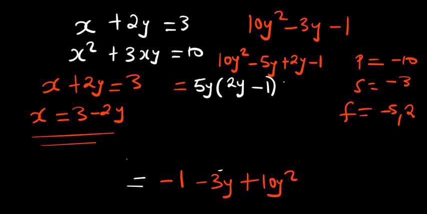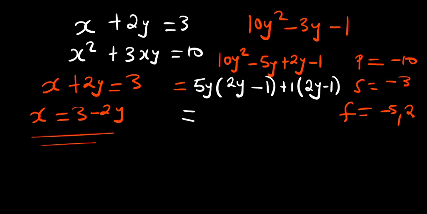Then on the other side, I'm just going to remain with 1, then 2y minus 1. Then from there, I'm just supposed to pick those ones which are common. So I've got 5y plus 1, I'm going to put it in brackets. I've got 2y minus 1. Okay, I can put is equals to 0. Then from there, now I'm supposed to find the values of x.